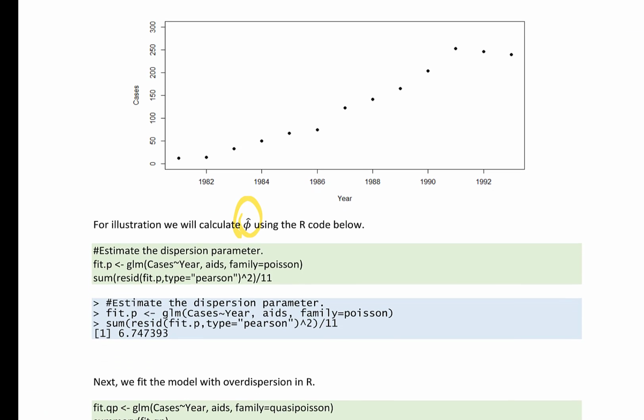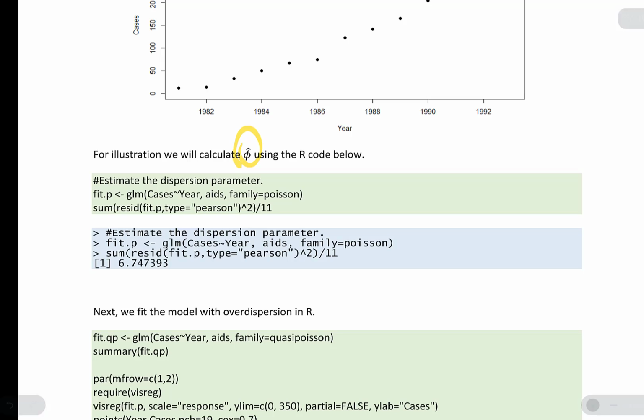First, we're going to do our normal fit where we have GLM, and notice that family is equal to Poisson. And then we're going to look at the sum of the residuals. So in other words, we're looking at that chi-squared. And then again, here's the output, and here we have the sum of those residuals squared.